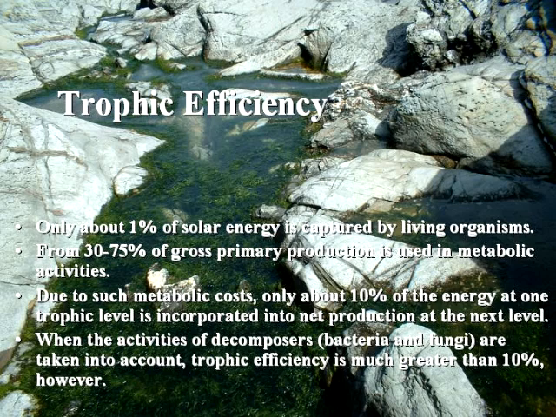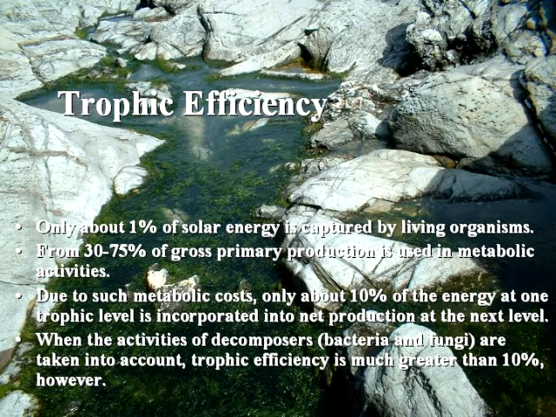Once, however, that energy from primary producers is passed along to consumers, pretty much at every trophic level, only about 10% of the energy that is present at one level is present at the next.